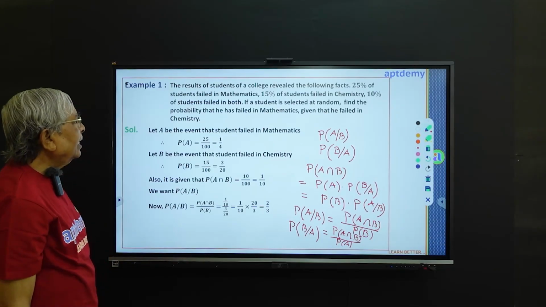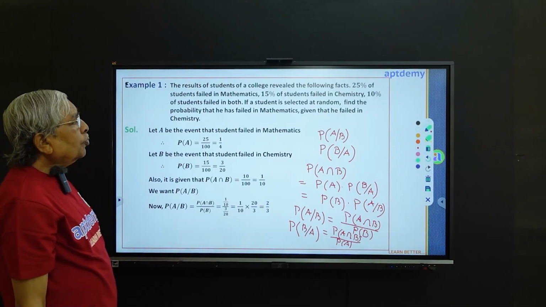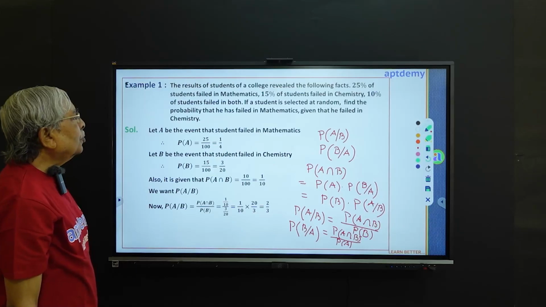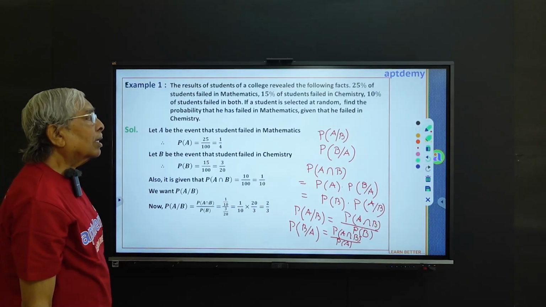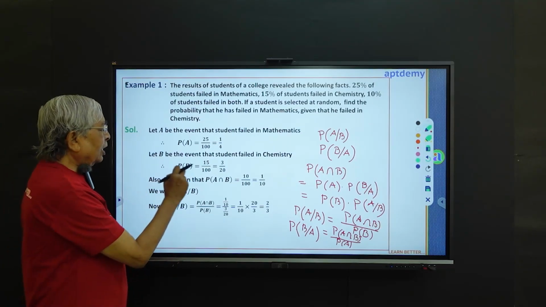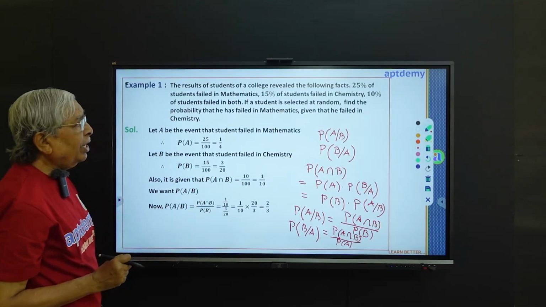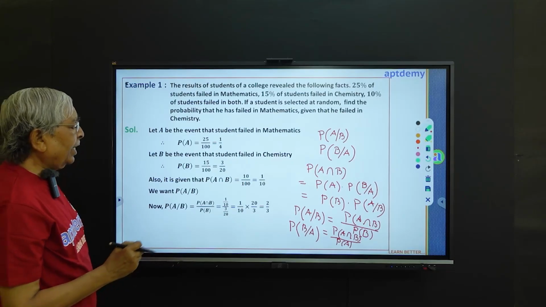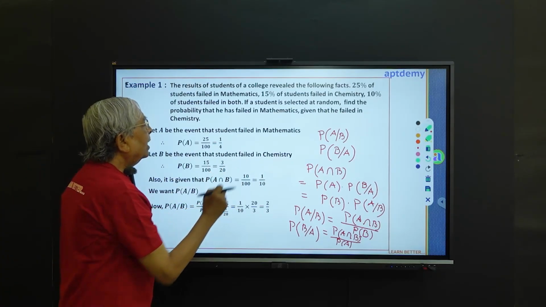Next, 10% of students failed both in chemistry and mathematics, that is their intersection, probability of A intersection B. It is given as 10 by 100, that is 1 by 10.